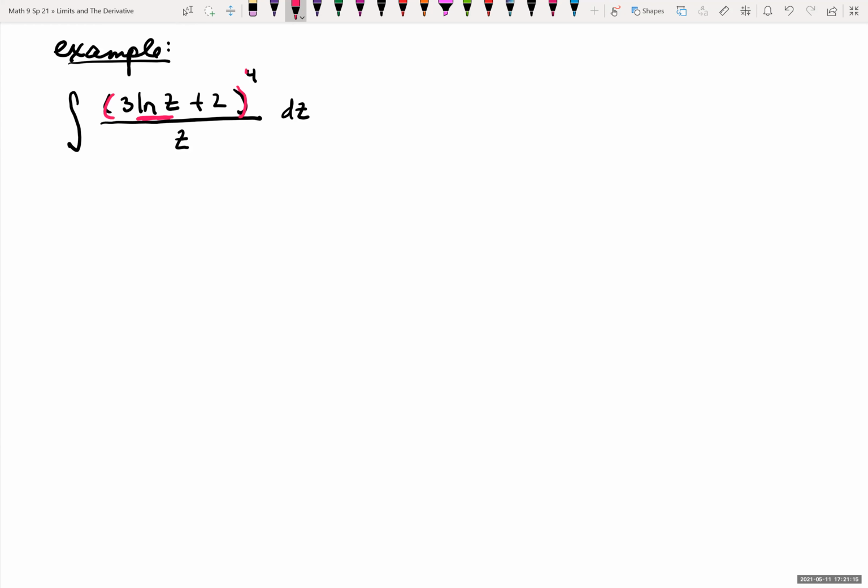This is all raised to the 4th power. And so let's choose what we're going to let u be, everything inside of the parentheses. And so let's choose u to be 3 times the natural log of z plus 2.